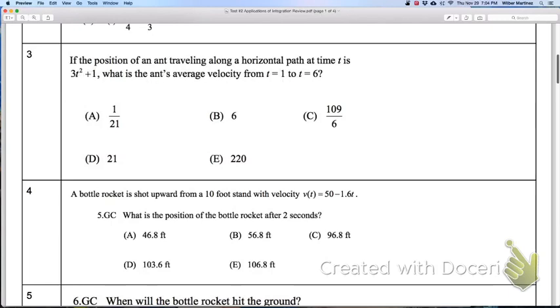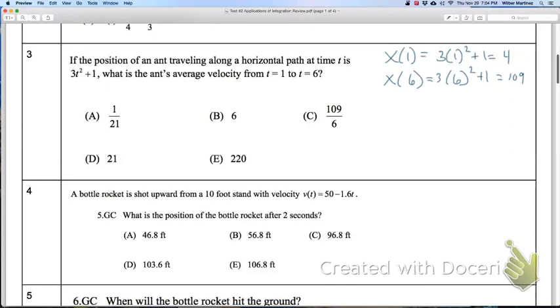So that means I need to know what those 2 points are. If I plug in 1, the position evaluated at 1 is 3 times 1 squared plus 1, which is 3 plus 1, which is 4. And the second point, when I plug in 6, I get 3 times 6 squared plus 1, which is 36 times 3 is 108, and 108 plus 1 is 109.